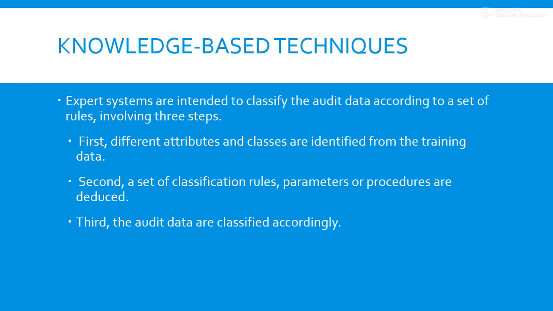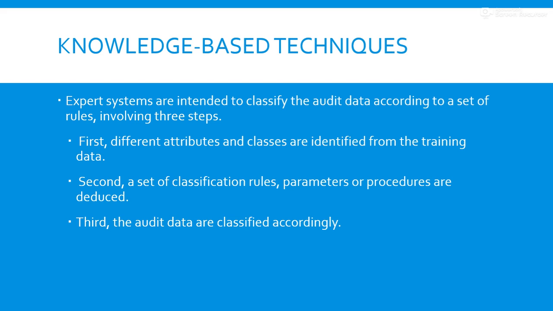Knowledge-based techniques detect intrusion by observing events in the system and applying a set of rules that lead to a decision regarding whether a given activity is normal or suspicious. So expert systems are intended to classify the audit data according to a set of rules. This involves three steps to create these rules.